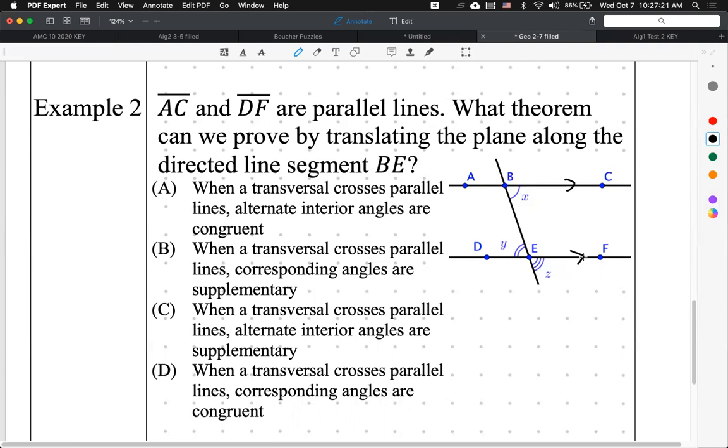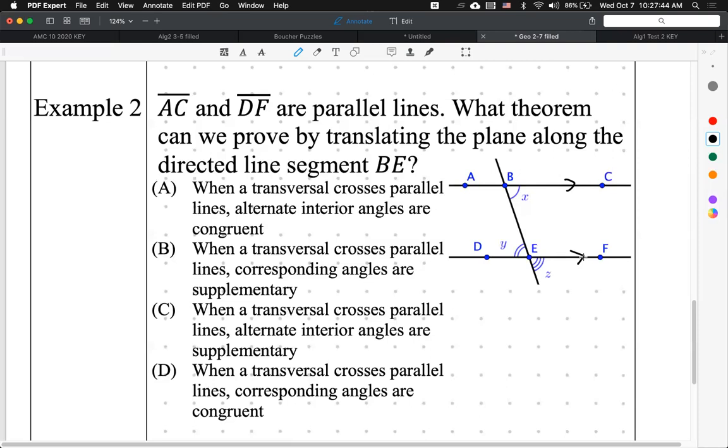Let's read through these. Okay, when a transversal crosses parallel lines, alternate interior angles are congruent. Okay, alternate interior. What was the letter that I told you to remember for that? Alternate interior angle is Zorro. It's the Z, right? It's the inside of the Z. So alternate interior angles X and Y. Those are our alternate interiors here. So can I somehow match up Y and X?